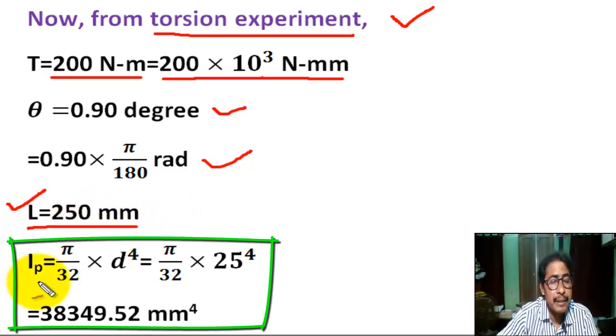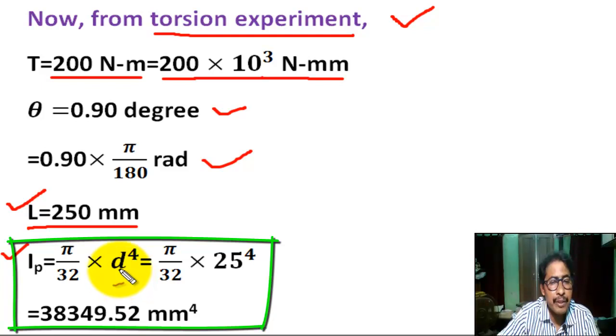Now IP, polar moment of inertia of solid steel bar, formula equal to pi by 32 small d to the power 4, small d diameter of solid steel bar.